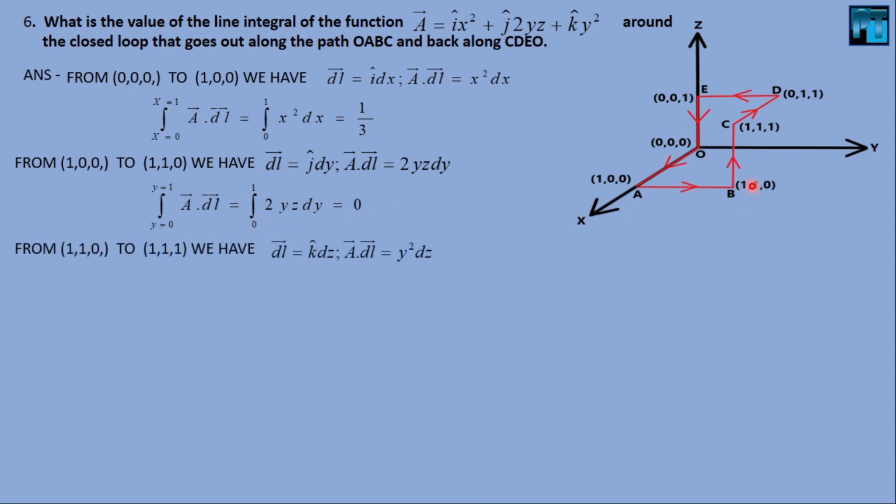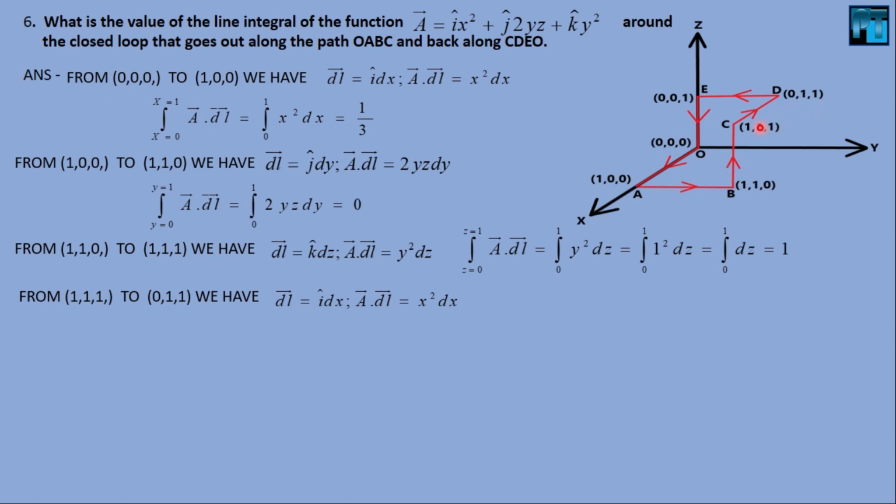Now from 1 1 0 to 1 1 1, x is not changing, x equals 1 only. y is not changing, y equals 1, z is changing from 0 to 1. So we have only dl equals k cap dz and A dot dl equals y square dz. What is the value of y? That is 1. So A dot dl equals ultimately dz. We have only dz and the value is 1.